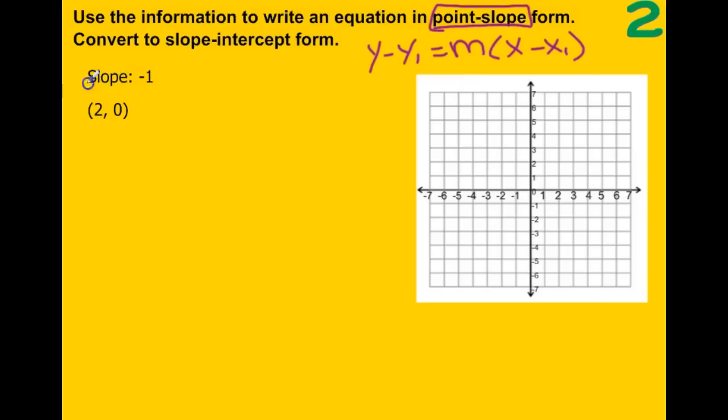So our slope really is the letter m, and here's our point, x1, y1. So I'm going to plug everything in that I know. So y minus y1, which is really 0, equals m, and m is negative 1. We plug that in. Then in parentheses, x minus x1, which is 2.